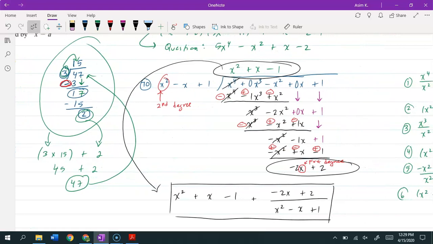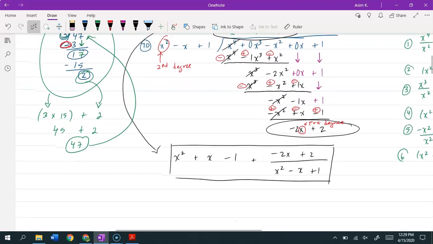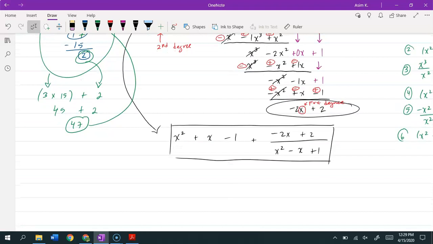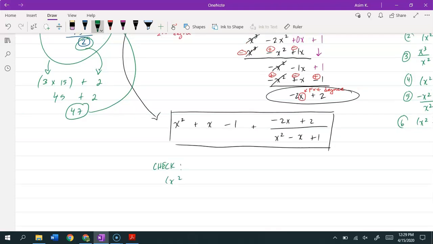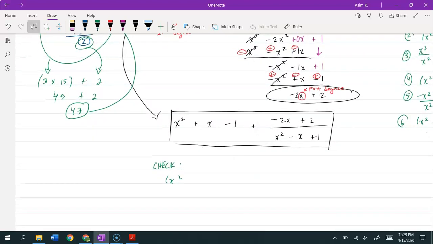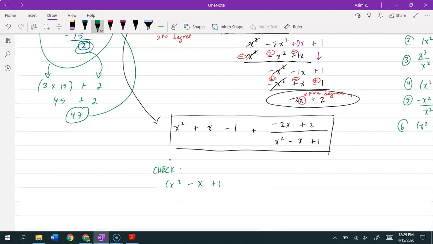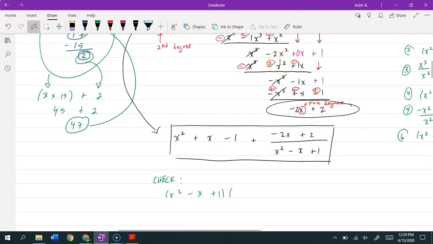The same logic applies over here. You take everything that is in the quotient and the divisor. So you take x squared minus x plus 1. If you wanted to check your answer, which I believe you have to do for this exercise, then you take that and multiply it by the answer that you got, which is over here, x squared plus x minus 1.